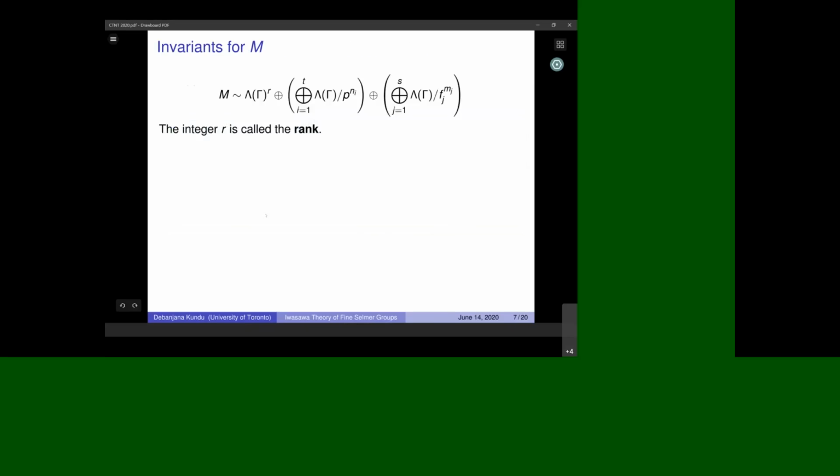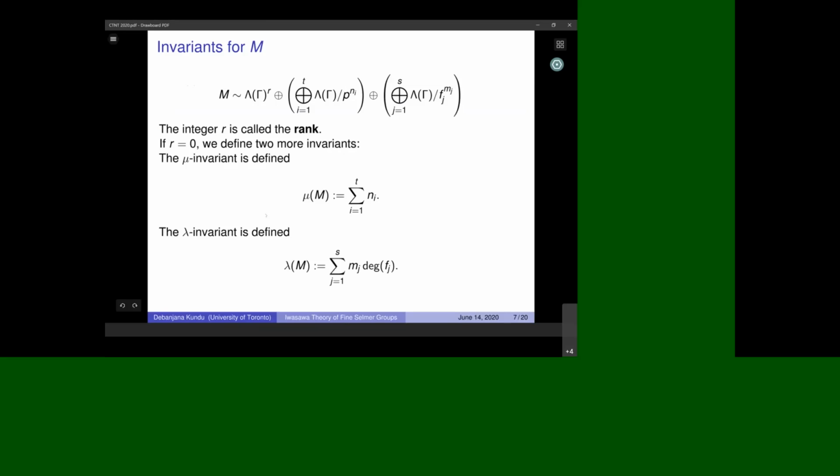R is called the rank. And when R is 0, you can define two very important invariants in Iwasawa theory. One is called the mu invariant, which is just the sum of the powers n_i appearing in the first term, and the lambda invariant, which is the summation of m_j times degree f_j.